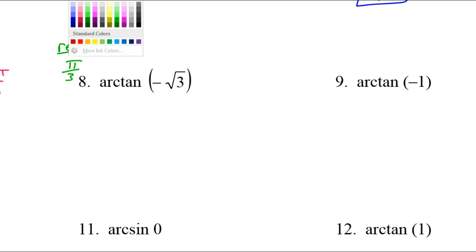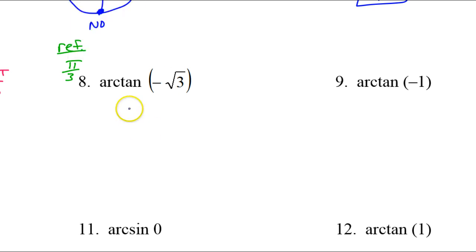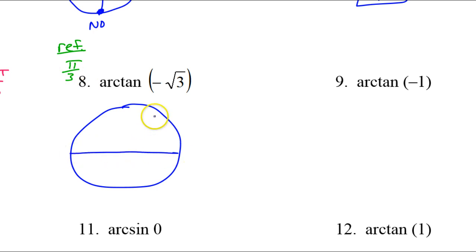modifications. Okay, so I like to look at my unit circle to help me think. Now that I know that my reference angle is pi over 3, it might help me to draw some pi over 3's. Okay, here are a bunch of pi over 3's. Alright, these are the 4 places that have a reference angle of pi over 3.